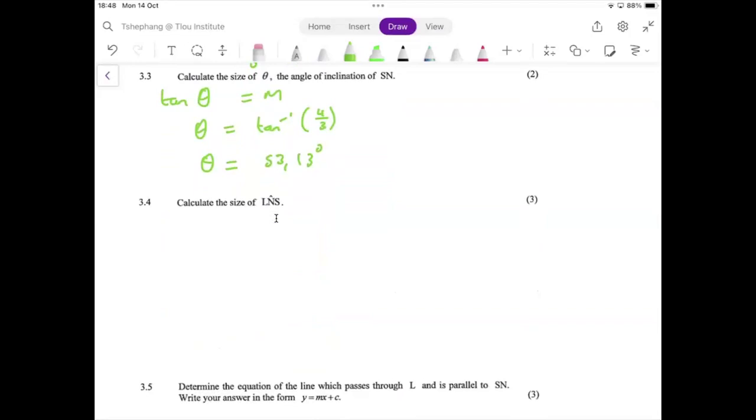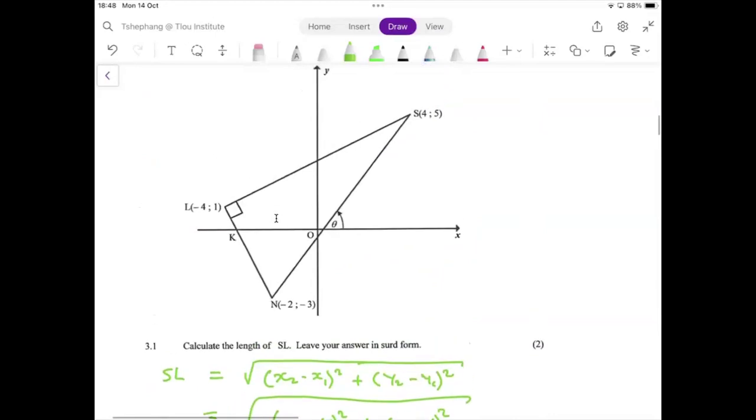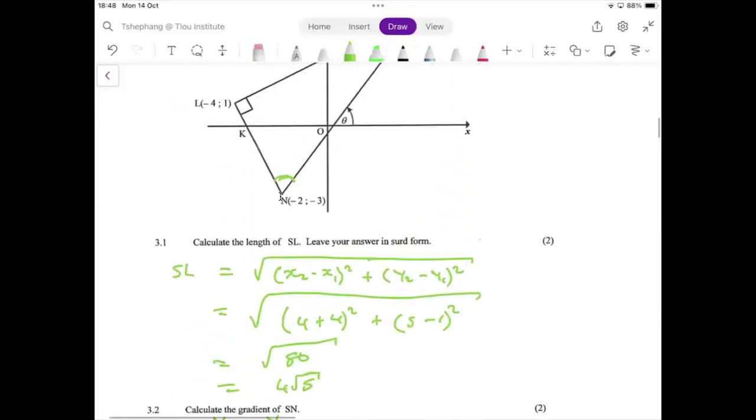Now calculate the size of angle N of LNS. So we want this angle now. All right, so what I'm going to do is extend this line here, or just introduce a line parallel to the x-axis, right?